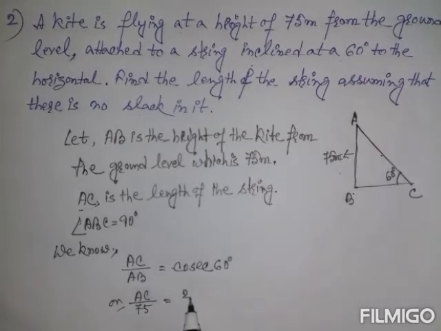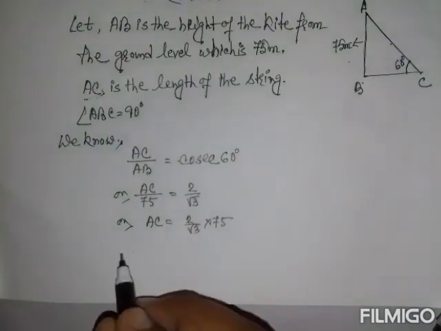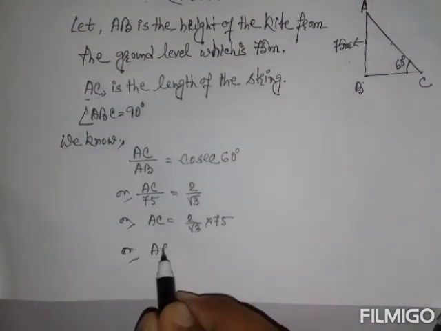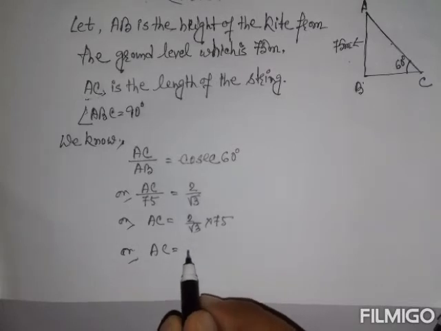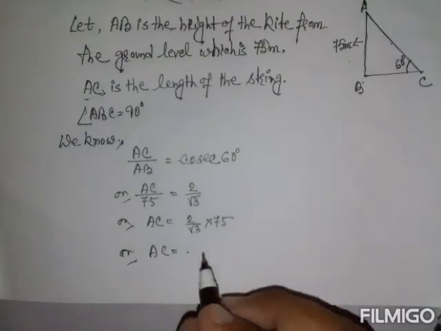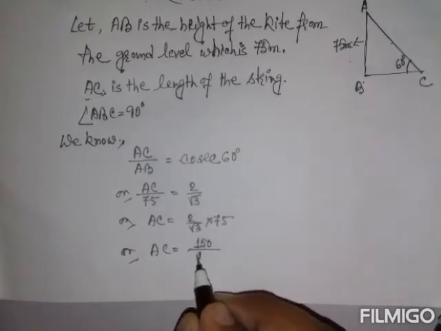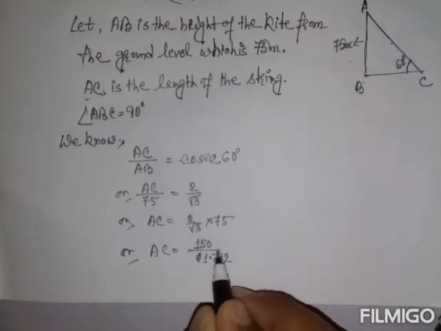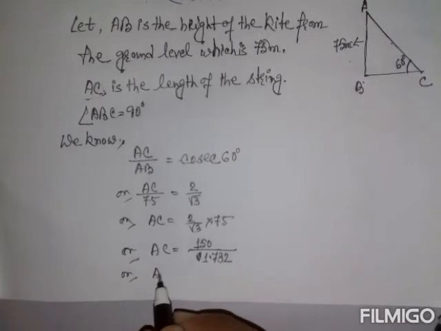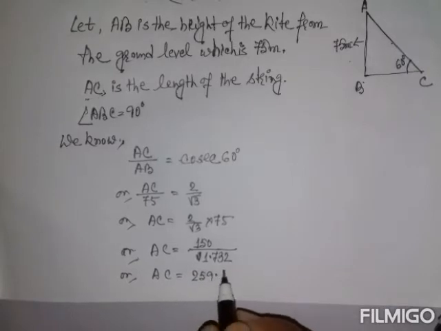So cosec 60 is 2 by root 3, or AC is equal to 2 by root 3 into 75, or AC is equal to 150 by root 3, means 150 by 1.732, or AC is equal to 259.8.